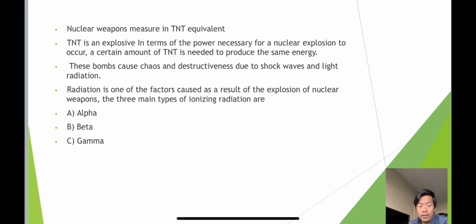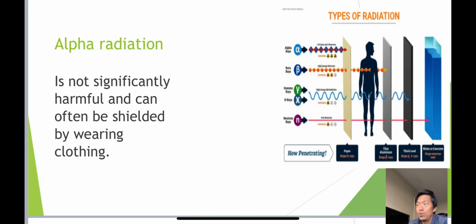So we can talk about alpha radiation. By the picture we can see that alpha radiation cannot penetrate even a paper. So alpha radiation is not that harmful and can often be protected against by wearing clothing.